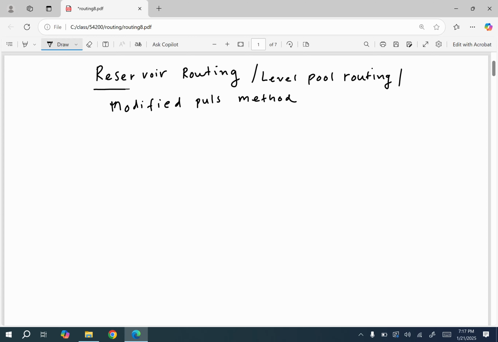Now we have learned how to route a hydrograph using a linear reservoir, so we can also think of this as nonlinear reservoir routing.